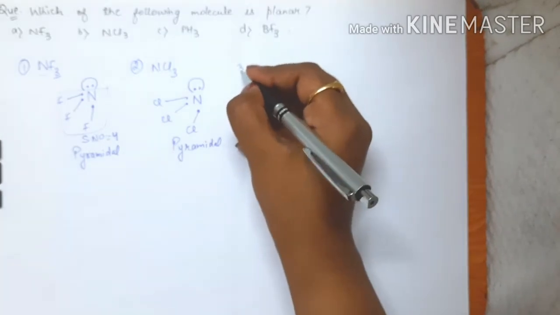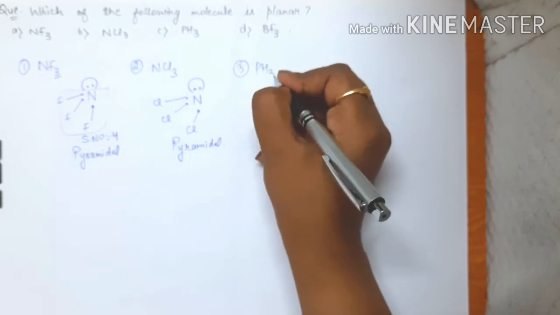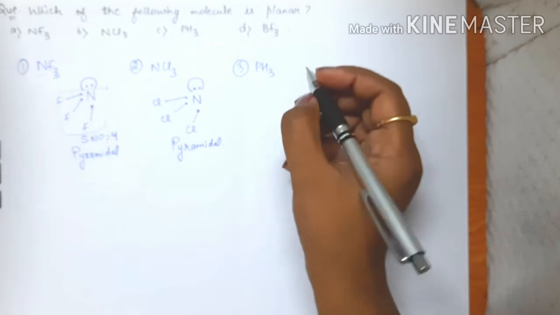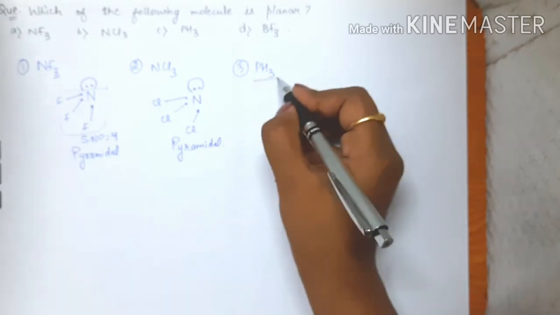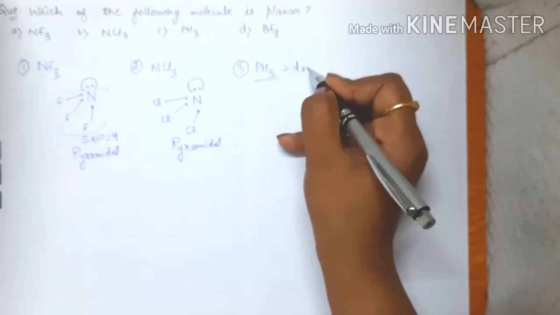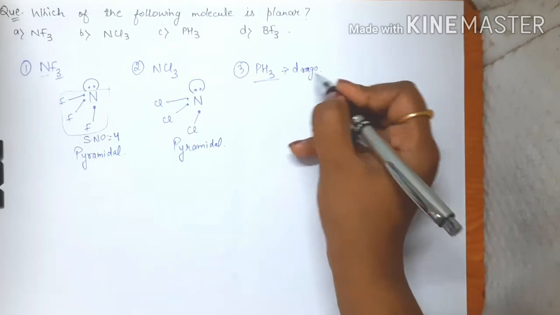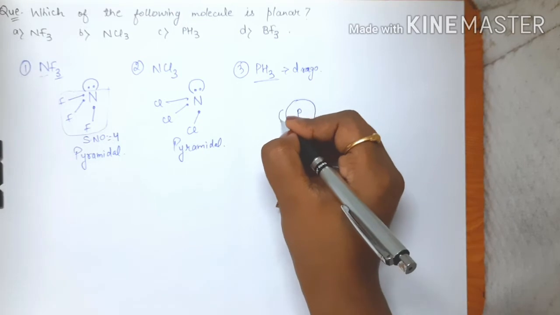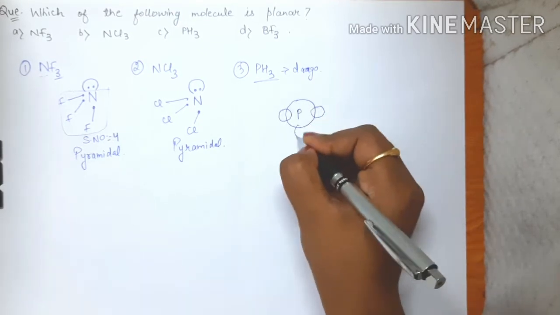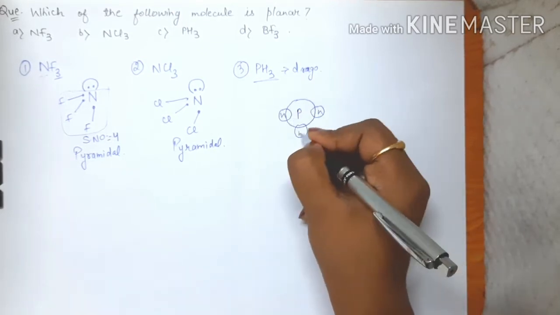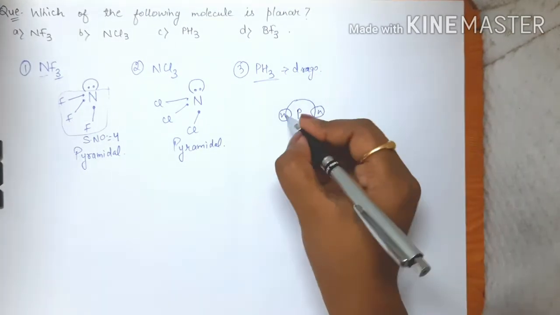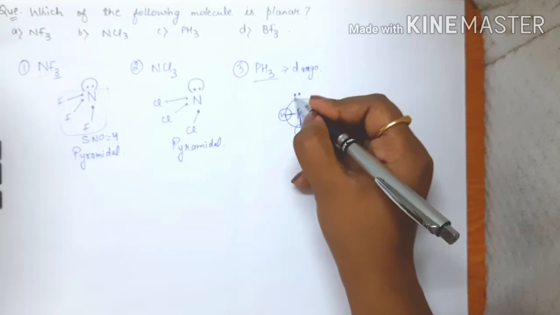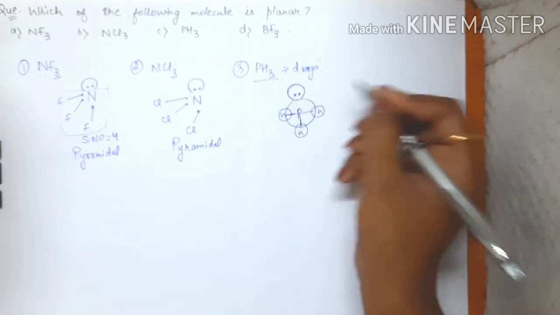Now the third molecule, which is PH3, we have discussed in chemical bonding in a very elaborate manner. It is a Drago compound, right? Here phosphorus is very big in size, and these 3 hydrogens are attached like this at a 90-degree angle with each other, and the lone pair is present like this.